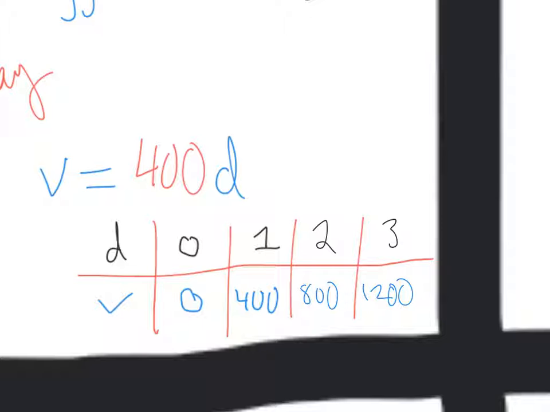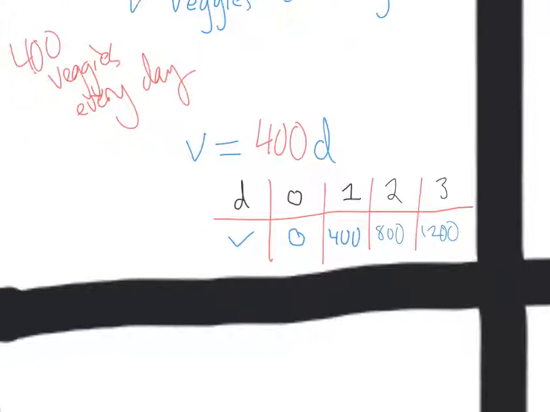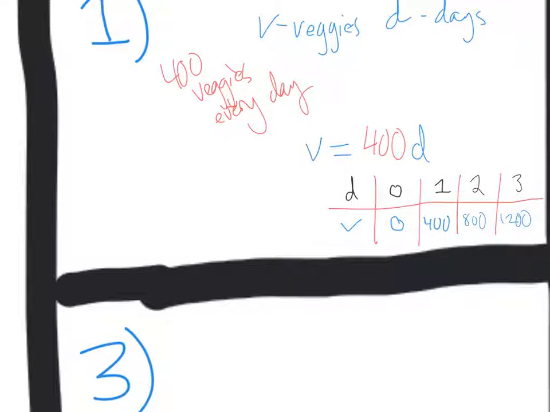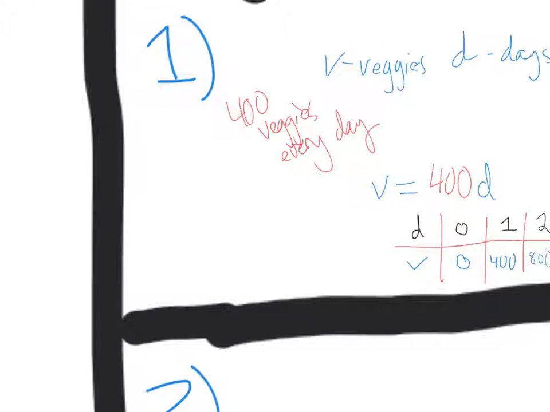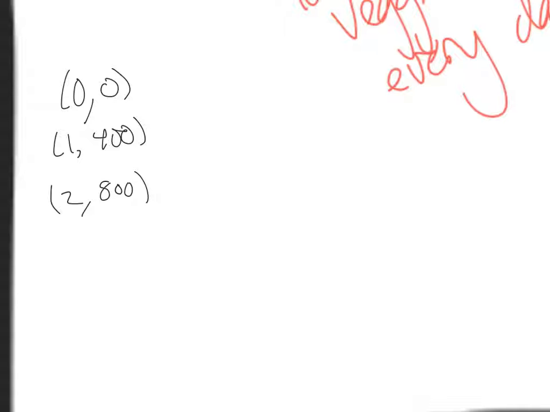You could keep going if you wanted to, but that table is good enough for us right now. So let's make some ordered pairs from that table. We had 0, 0. We had 1, 400. We had 2, 800. And we had 3, 1,200.